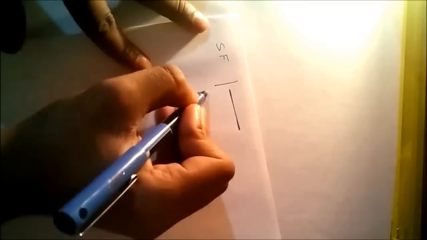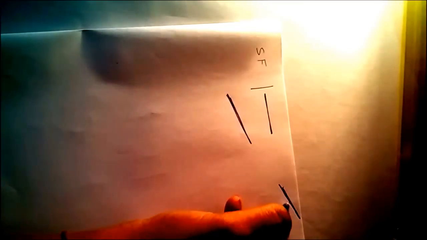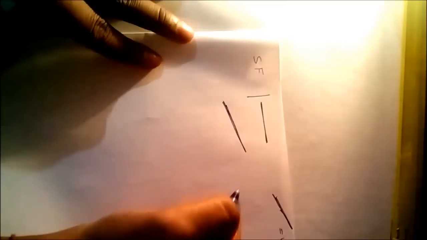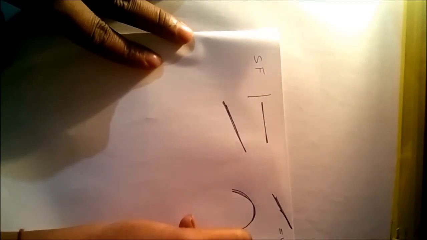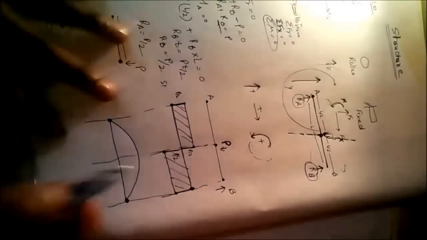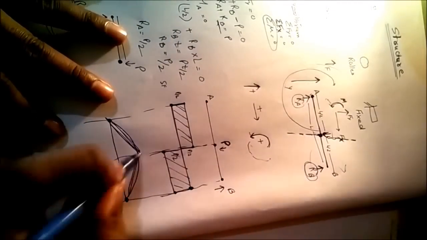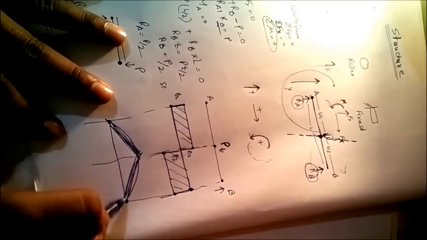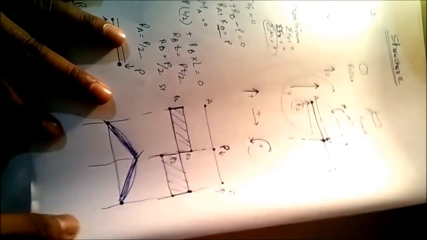I'll tell you a simple thing. If the shear force diagram is a straight line, then the bending moment diagram will be inclined like this. If the shear force diagram is inclined, as for a UDL, then the bending moment diagram will be a curve like this. In this case, the bending moment diagram will be like this.